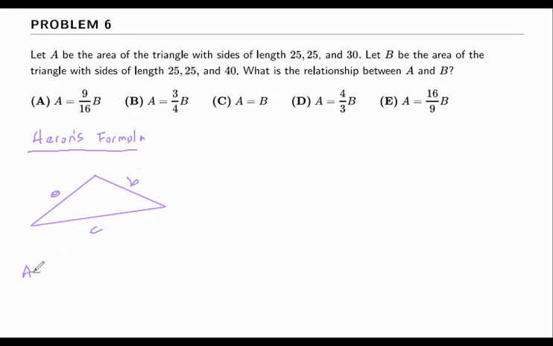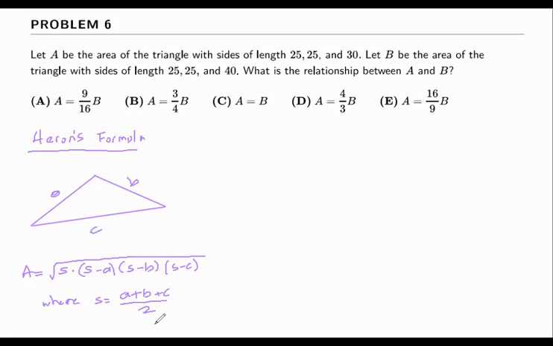The area is equal to the square root of S times S minus A, where A is one side, times S minus B, where B is the other side, times S minus C. And if you are wondering what S is, S is A plus B plus C divided by 2.